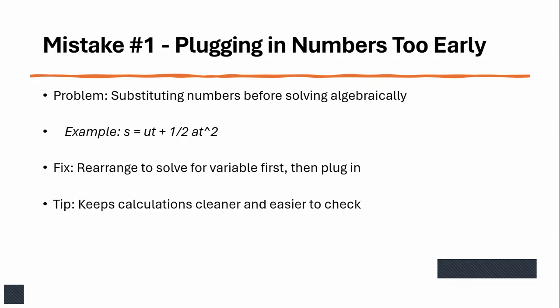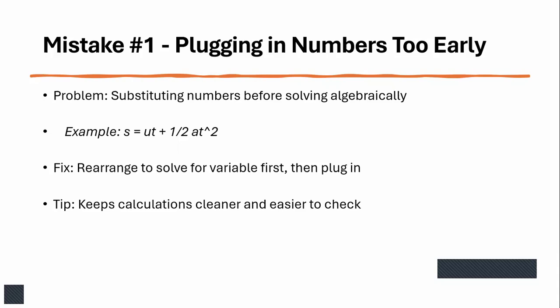And that leads to mistakes. But the right thing to do as a physics student is first to rearrange the equation and isolate the variable you're looking for, make it the subject of that formula. Then you now plug in the numbers and then you get your correct answer.